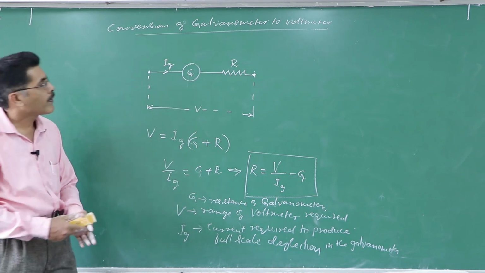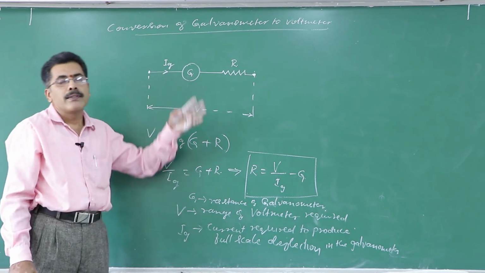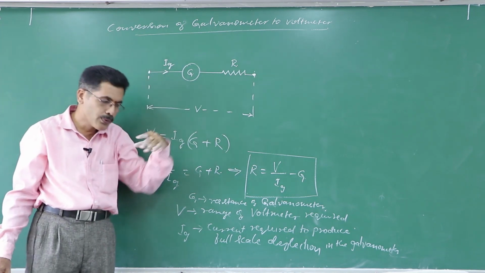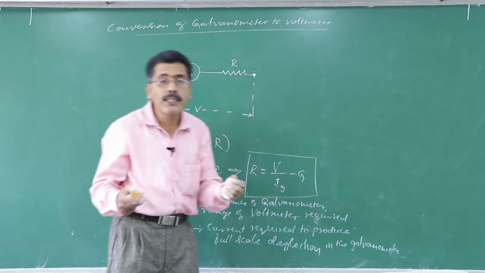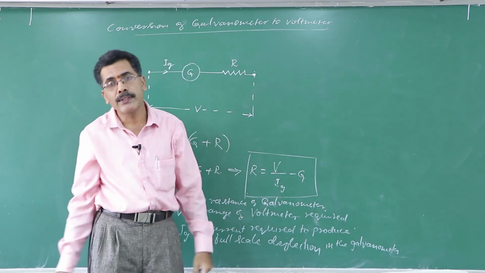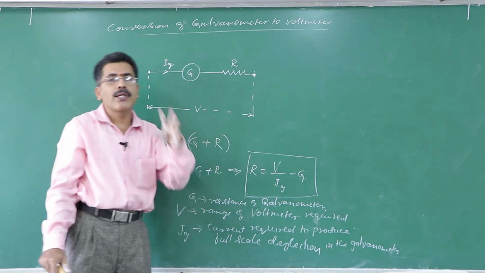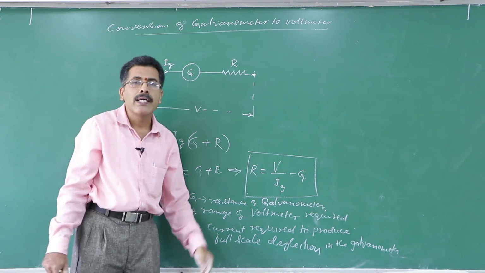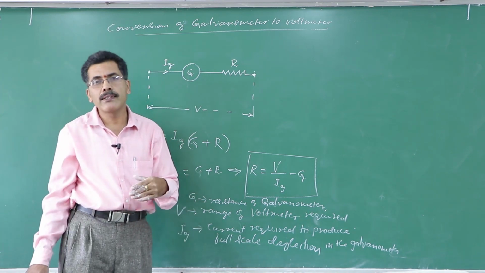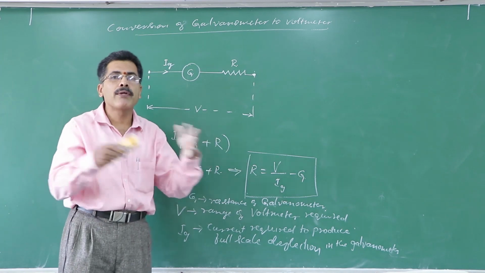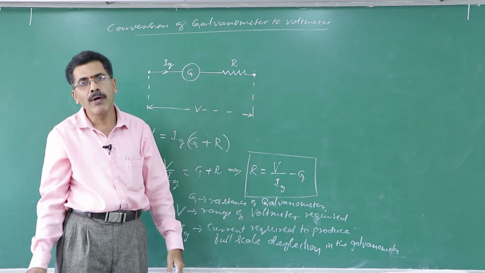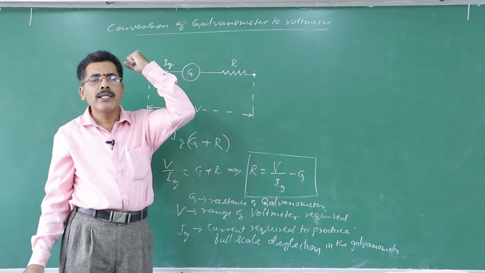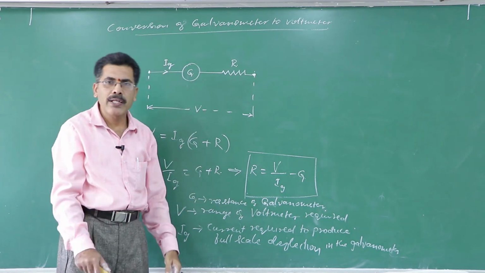Have you understood? What is a voltmeter? A voltmeter is a device used to measure potential difference across any 2 points in the circuit. We cannot use a galvanometer directly as a voltmeter because it has a coil resistance of about 50 ohm to 120 ohm. Its resistance is small, but for an ideal voltmeter, resistance should be infinitely large, very, very high.